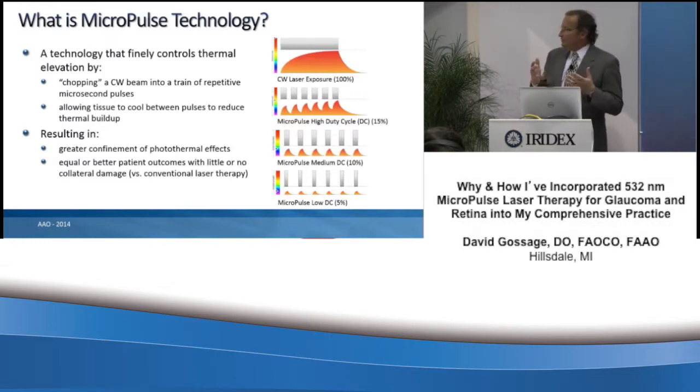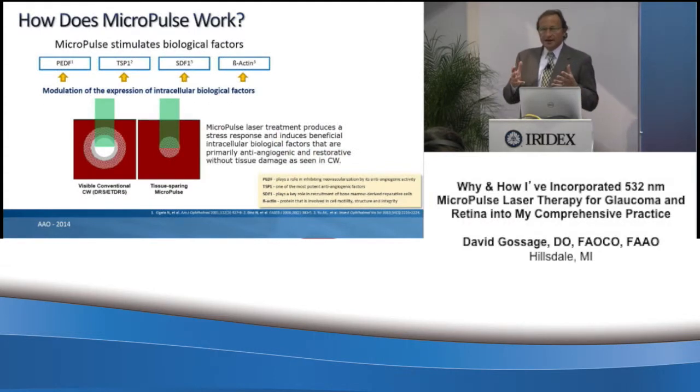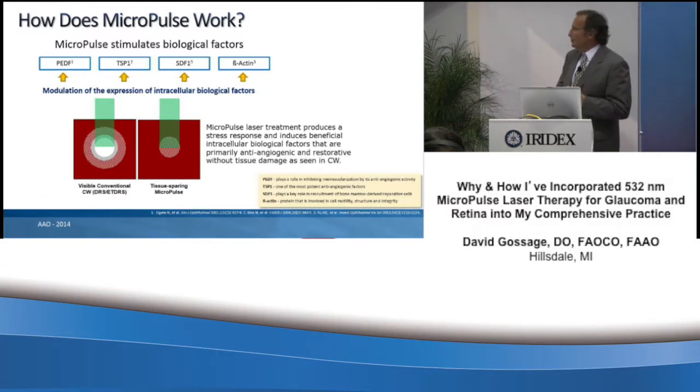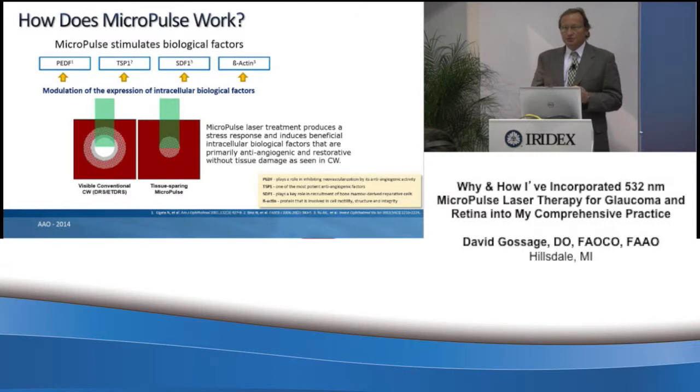So how does it work? Well, when the laser energy is applied, we know that heat is generated within the tissue, which will then release the biomediators that we need to get the effect that we're looking for. With a conventional laser, which is the picture over to the far left, we actually create a thermal burn. The problem is that's not good for the tissue, but it's the area around the burn that is releasing the biomediators.